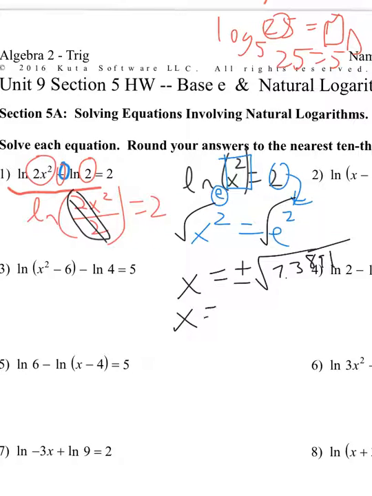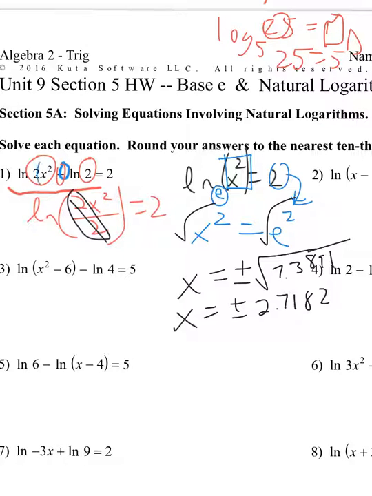So now we go ahead and we take the square root of that. So it's positive and negative, and it's about 2.7182.